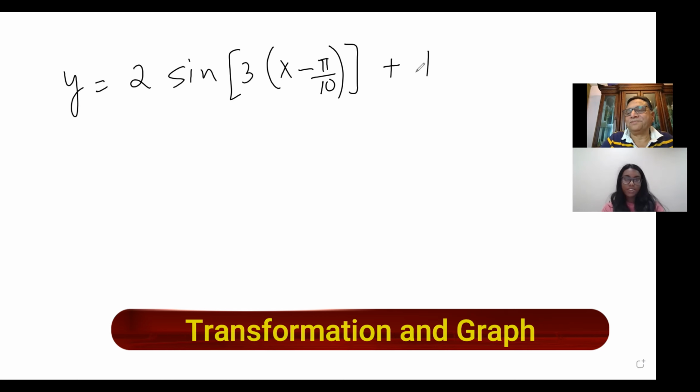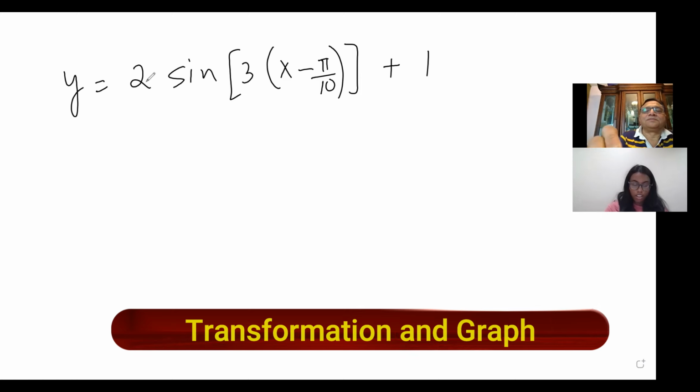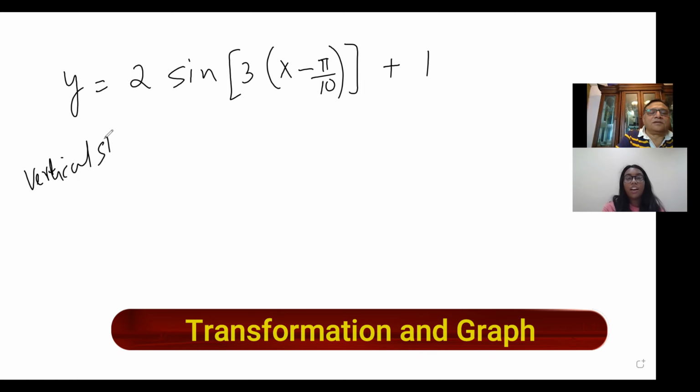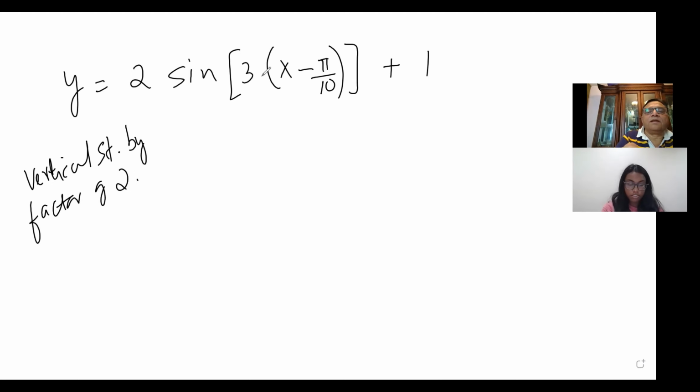Okay. So the first, number 2, is the vertical stretch by 2. Then 3 is the K value, so it's the compression. To find the cycle, you would do 2 pi divided by 3.